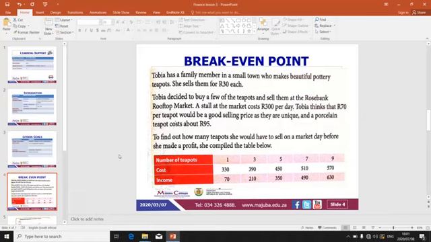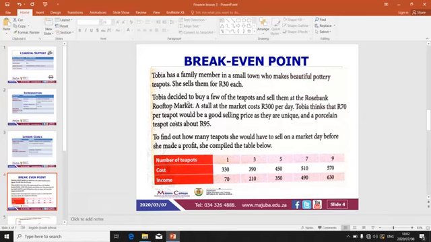We move to an example. Tobia is a family member and makes beautiful pottery. She sells them for 30 rand. The minute they are giving you numbers, try to underline them. 30 rand for each pottery teapot.